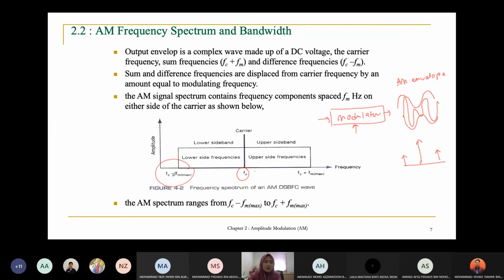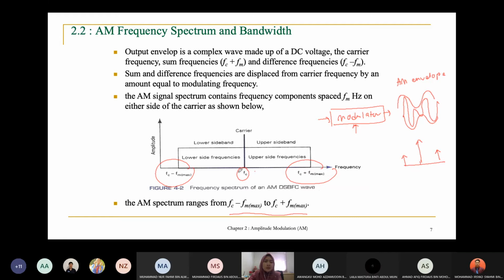If you look at the limits over here, this is Fc. At the lower side, this is Fc minus Fm max, and the limit at the upper side band is Fc plus Fm max. So the spectrum ranges from Fc minus Fm max to Fc plus Fm max.